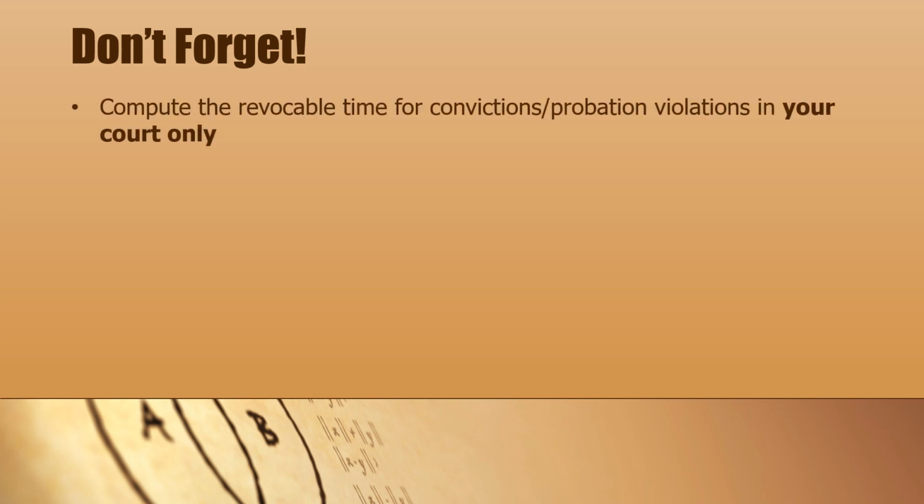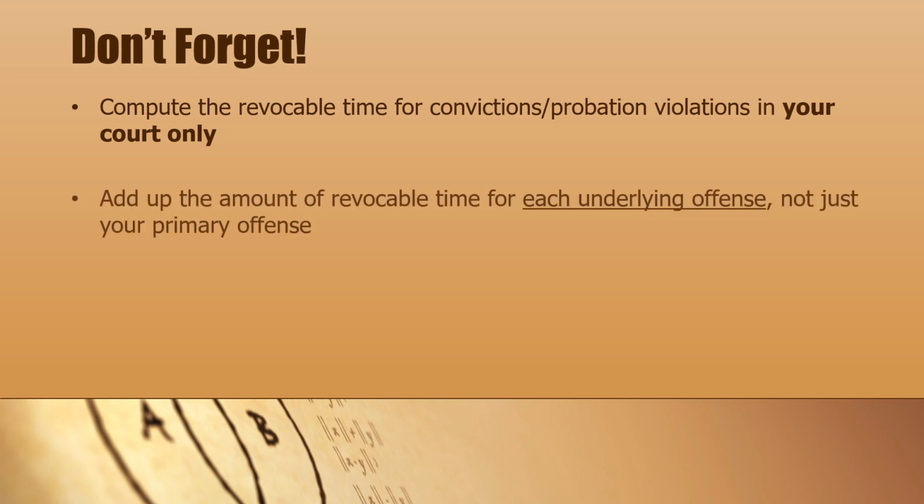And now just a couple final reminders regarding revocable time. Remember, you compute the revocable time for convictions and probation violations in your court only. Do not include suspended time from convictions in outside jurisdictions as revocable time for your court. New convictions for outside jurisdictions are a factor for probation violation guidelines, but not for revocable time.